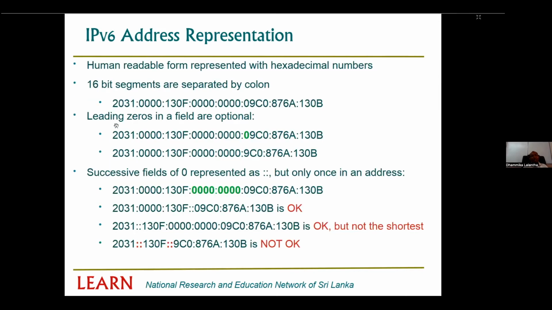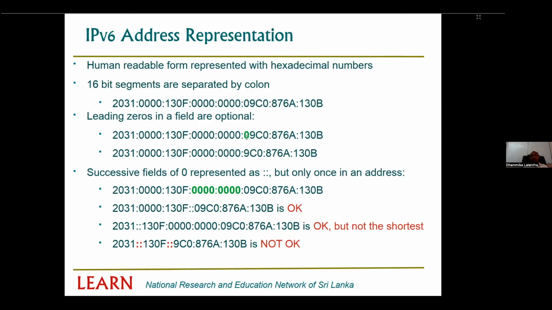The first one is that leading zeros in a segment, that is a 4 hexadecimal digit segment, are optional. So if there are leading zeros in the address, we can omit them. In this example, as you can see, there are leading zeros.